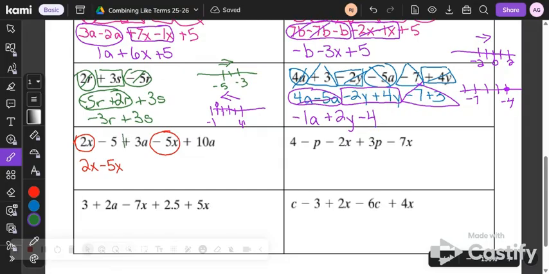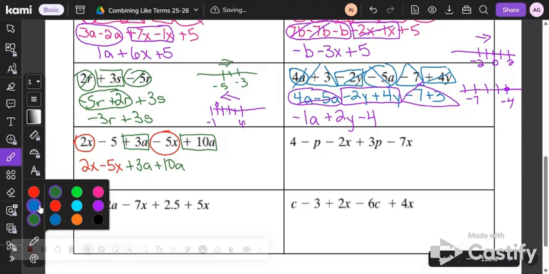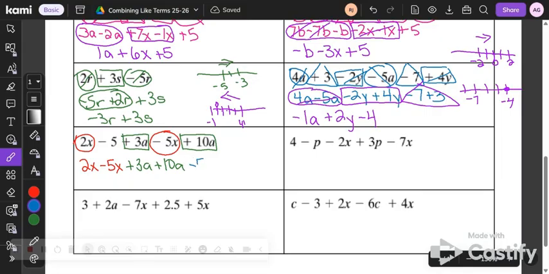Now I'm going to move to my A's. I have positive 3A plus 10A. That one's pretty easy. And then the last thing that I'm left with is my minus 5, that constant. So again, you need to combine the terms. I tried to color code it to help you with your organization.